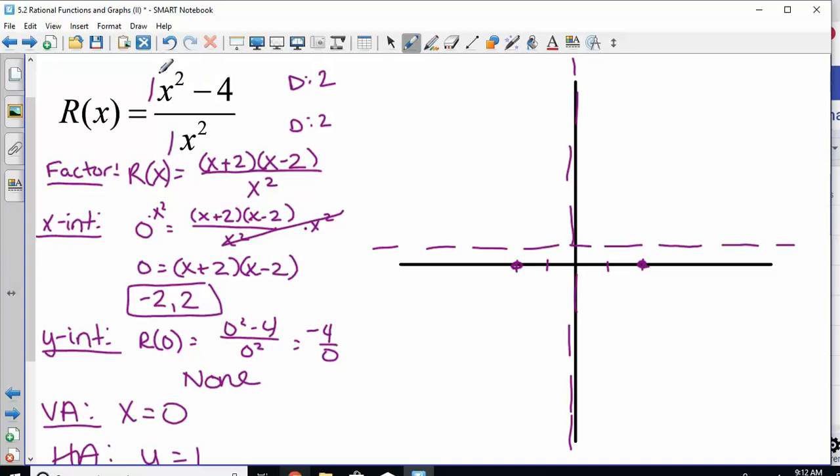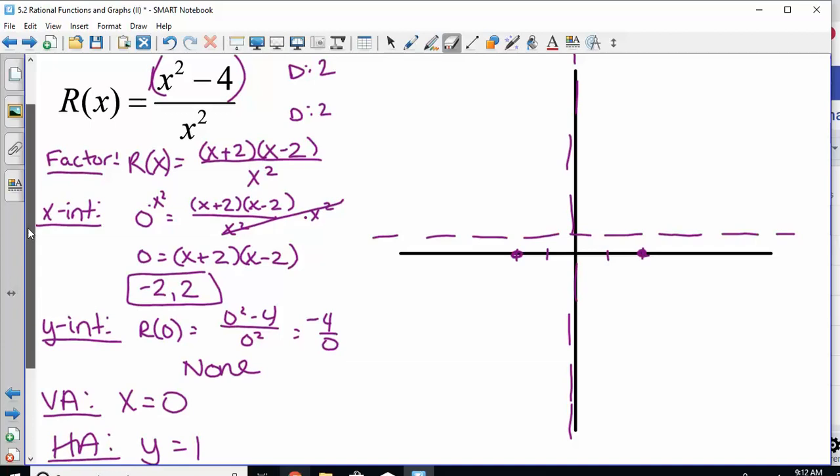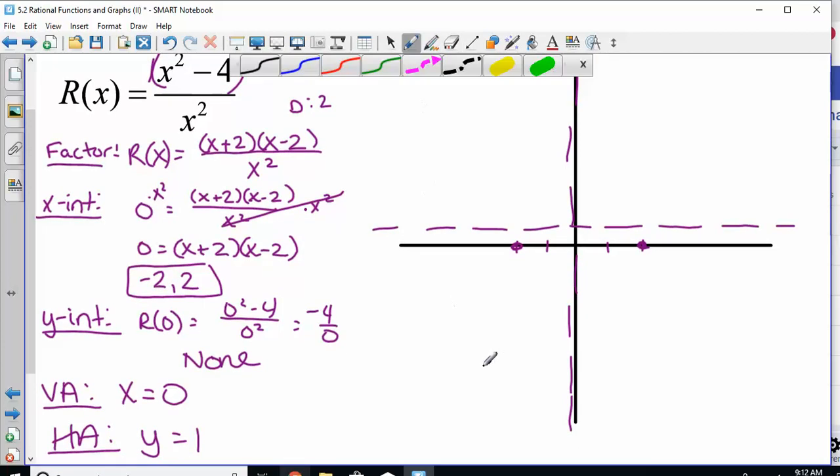Now, graph. I recommend going with the original. The numerator, make sure you're using parentheses because it has more than one term. Graph x squared minus 4 divided by x squared. And you should see both of these are again going down.